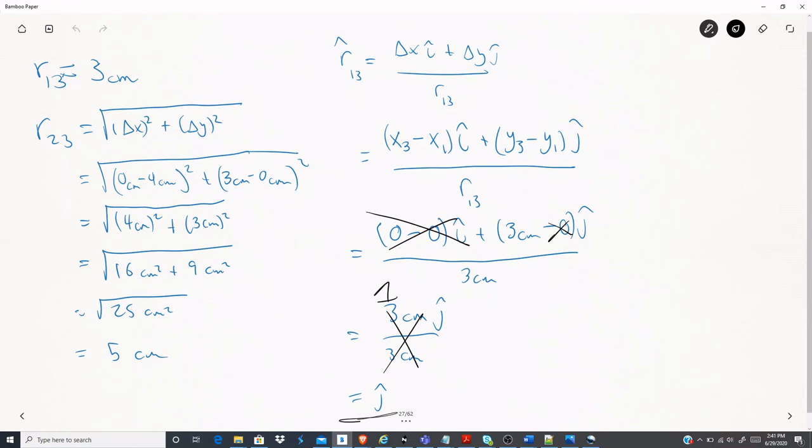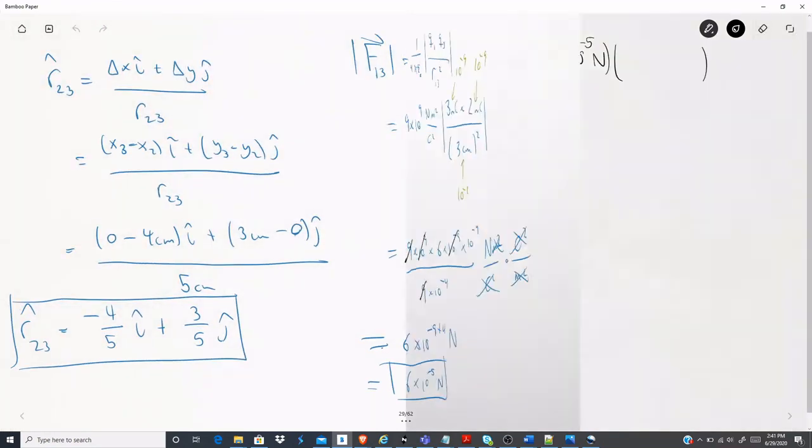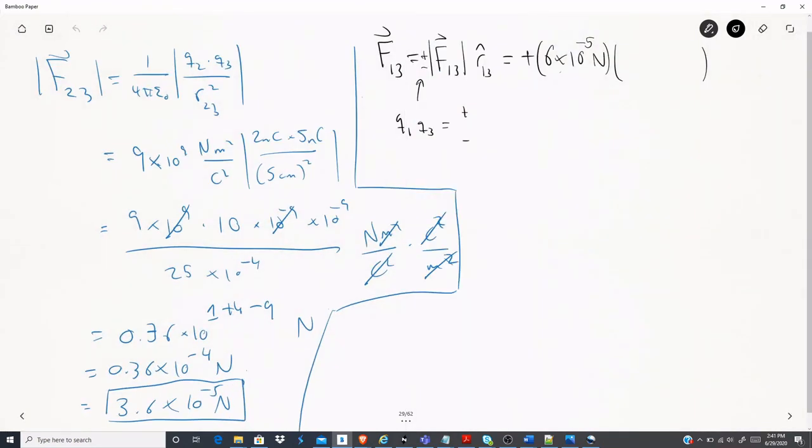Because that's what we had here. So I know that the force that 1 exerts on 3 is just 6 times 10 to the negative fifth j hat newtons.